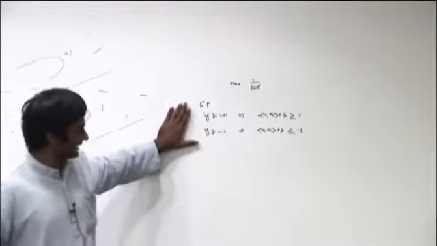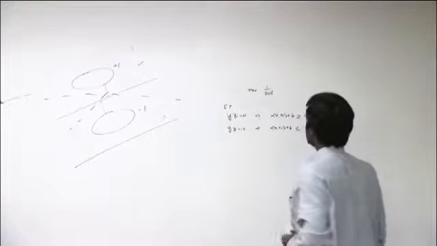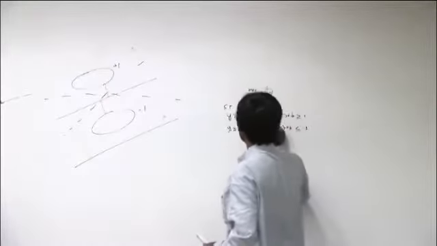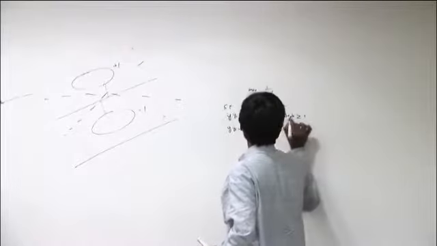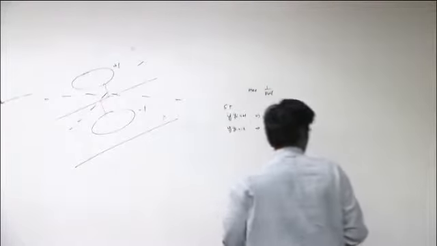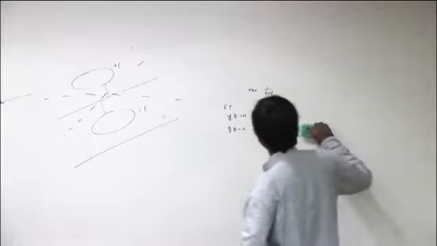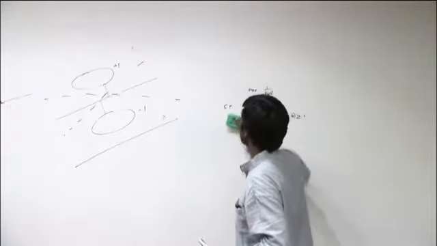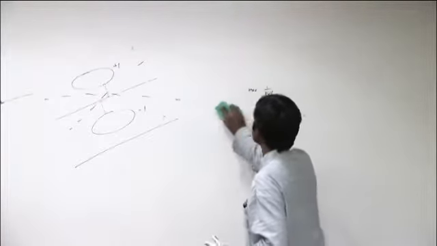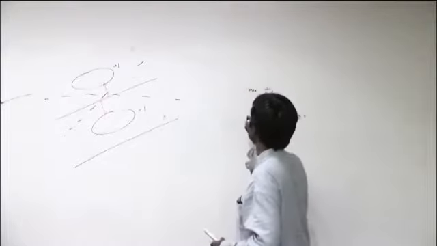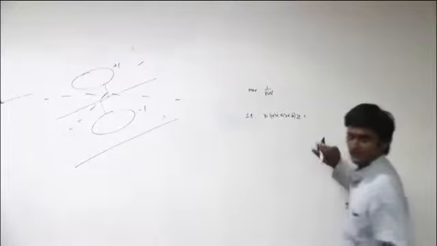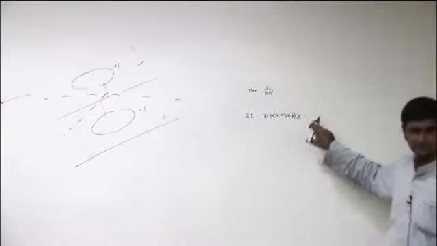Okay, I can now combine these two constraints into one by saying that I want yi times this to be bigger than or equal to 1, and you can see that these two constraints are exactly equivalent. I don't need this condition anymore. So I am maximizing the margin subject to this constraint.